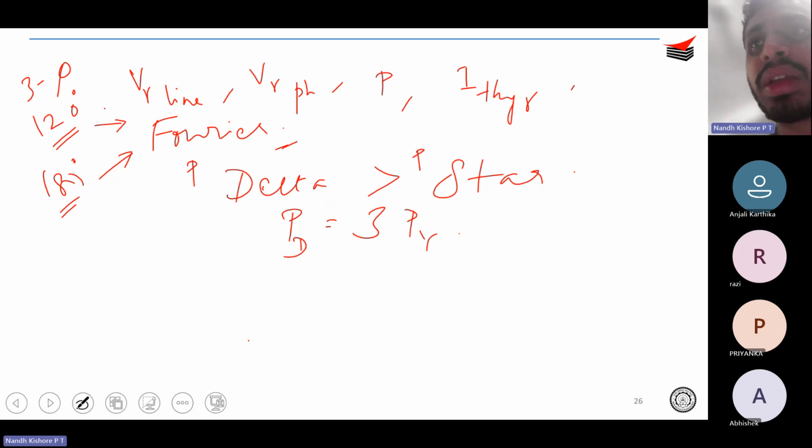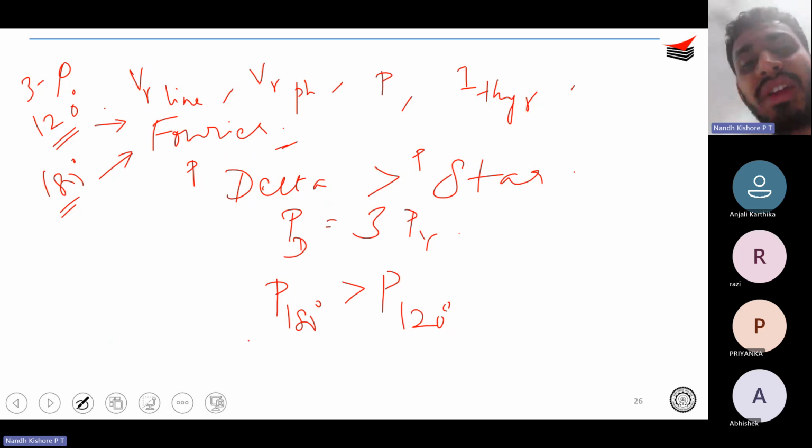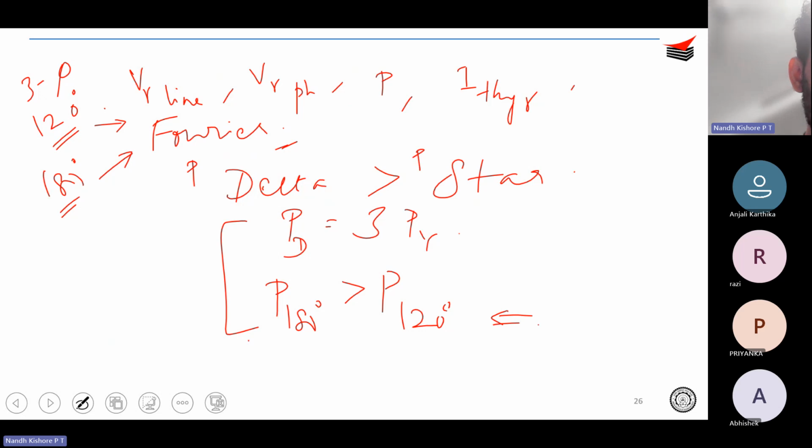Also, the power is higher in the 180-degree mode, obviously, because more diodes, or more SCRs, are in conduction at the same time, therefore more power is getting transferred. So P in 180 degree is more than 120 degree, and P in delta is 3 times P in star. Therefore, the highest power yielding thing is you connect in delta configuration and operate in 180-degree mode.